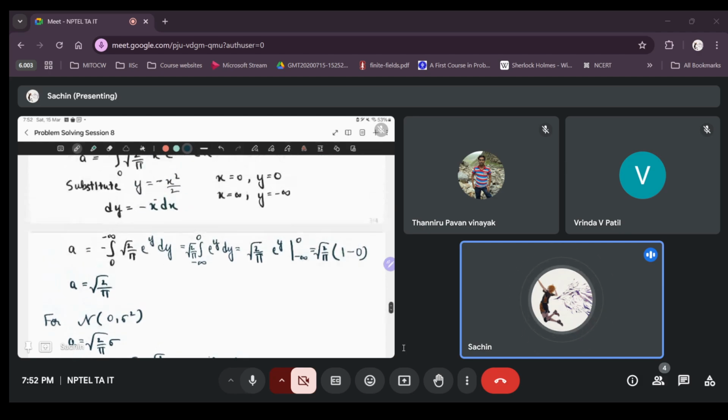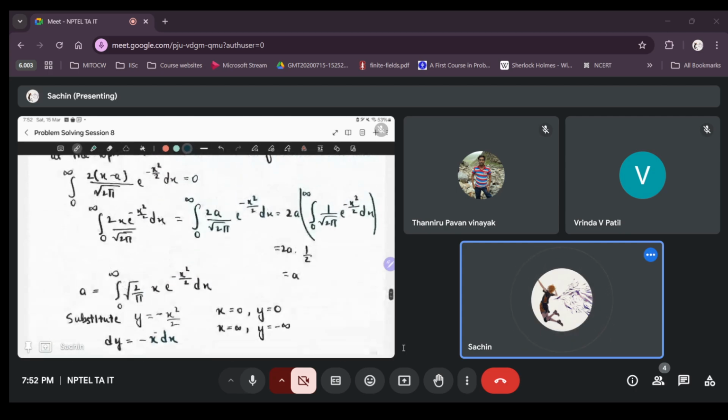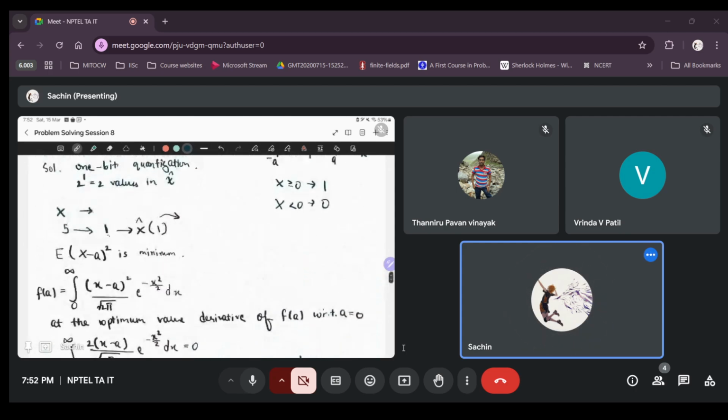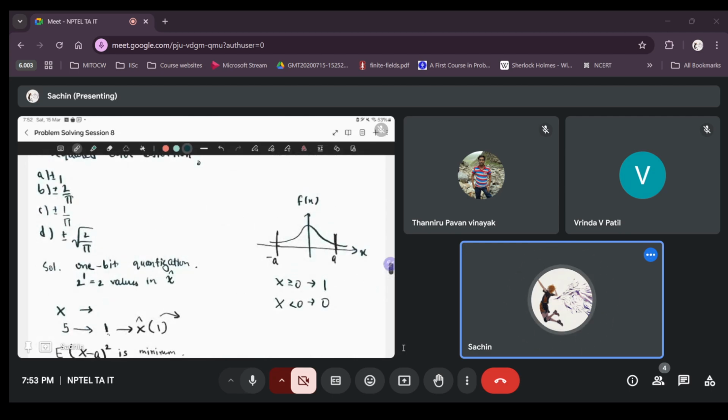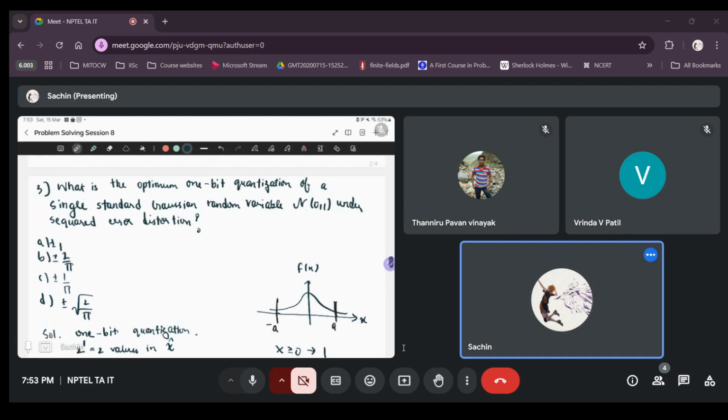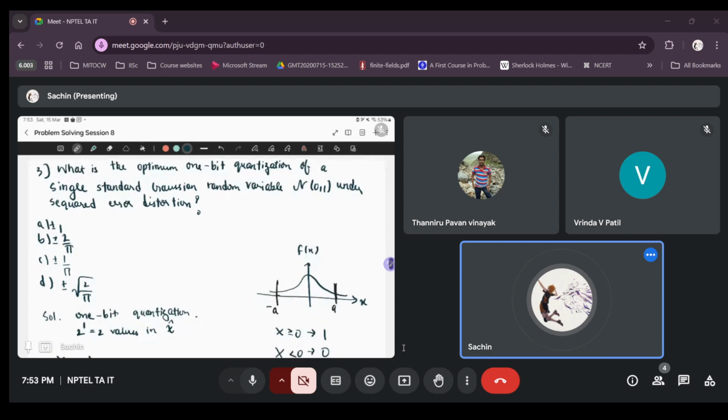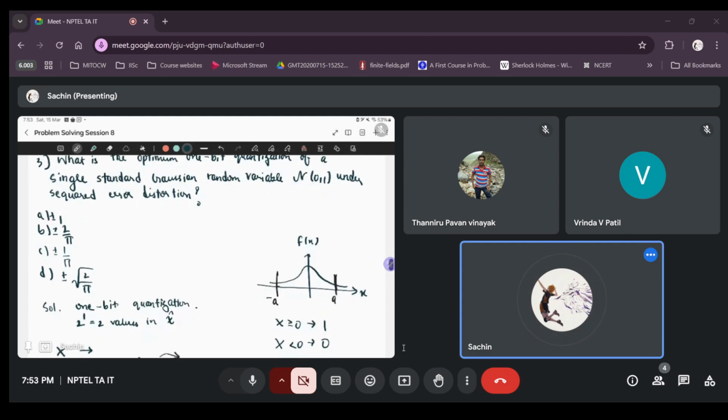You can also check what happens if the mean is not 0, if it's a shifted version of the Gaussian curve. So the answer is plus or minus root of 2 over pi, which is D.